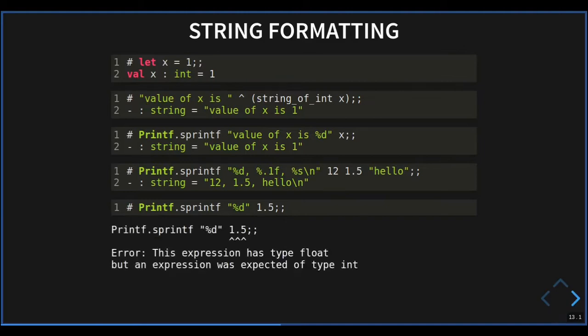But here it is actually checked at compile time. So if we provide a type specifier that accepts an integer, but we provide a floating point value, like in this case, we would get a compilation error. And this also means that the format string needs to be a compile time constant.